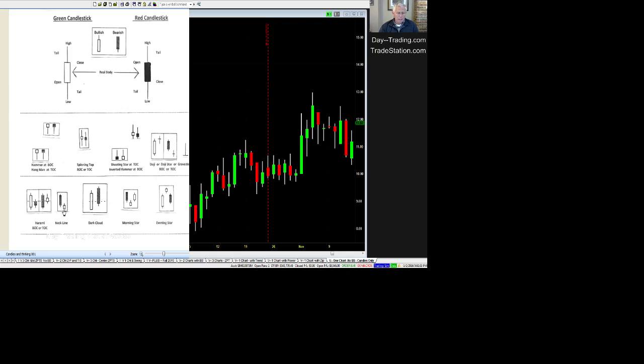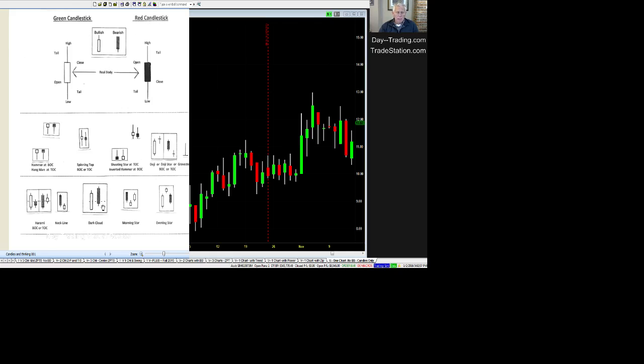Neckline, or some people give it different names than that, but that body may have opened at the same point as the previous close, but it ends up with the body below that. When the previous day's close is the same as the open, that often will be called a tweezer.